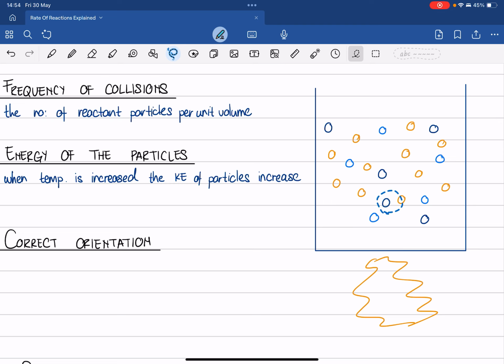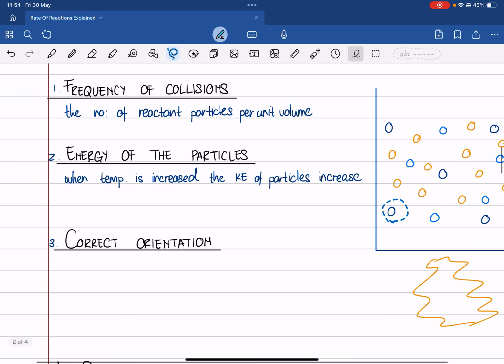Remember, the goal of the collision theory, we want to have as many collisions as possible. So the more energy the particles have, the more they collide, and we increase this energy by increasing the temperature. Right? So when temperature is increased, the kinetic energy of the particles increases as well, and therefore the particles move more rapidly.